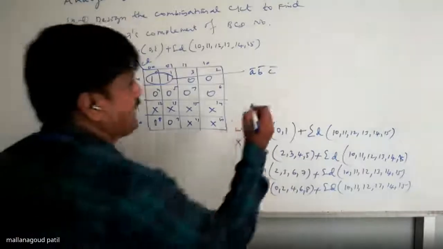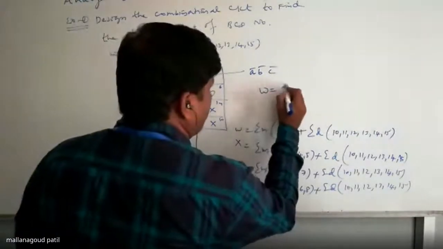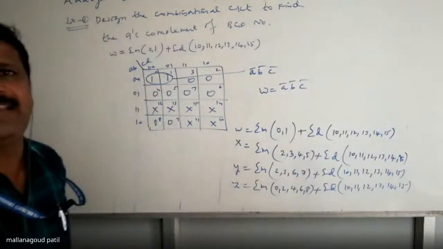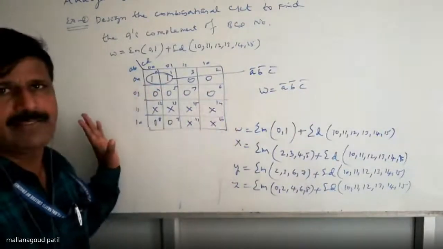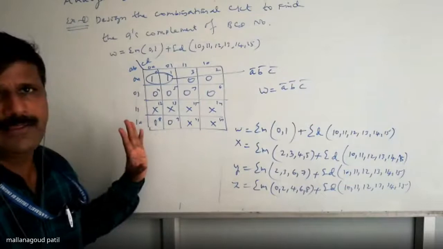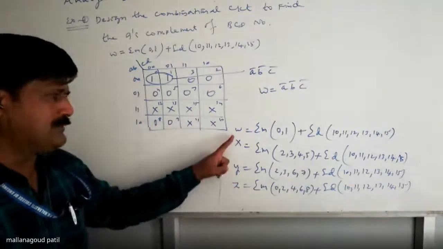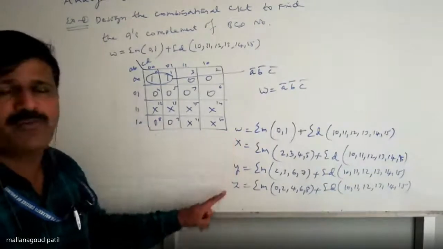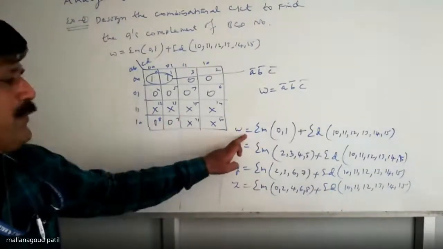Then I can write directly W equal to A bar, B bar, C bar. What is your design? W equal to A bar, B bar, C bar. That is the only one. Do you have any doubt for W?